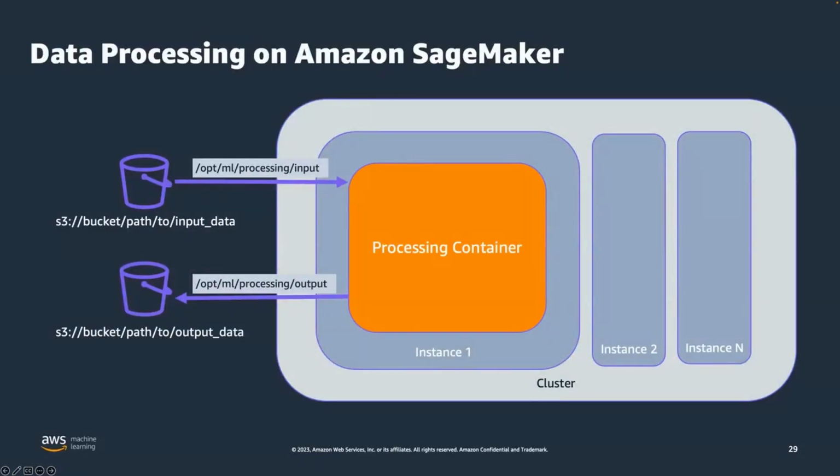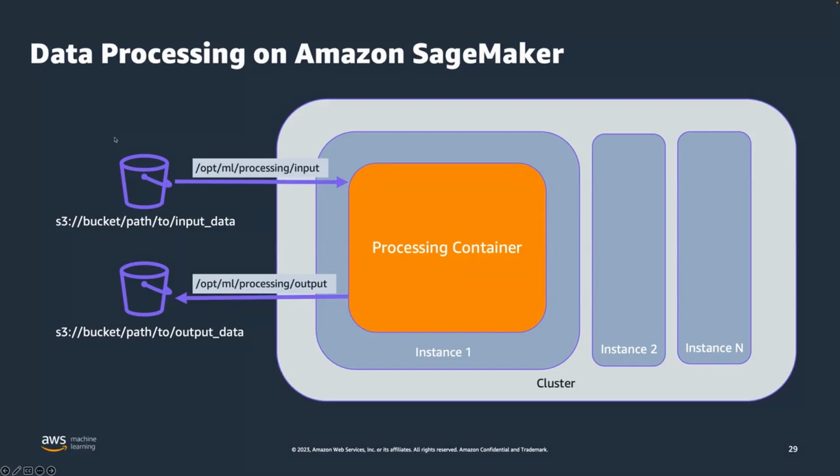Here's a picture to give you a sense about how the processing job is running. The processing job is running in a processing container that is running in an instance that is in the AWS cluster in your VPC.